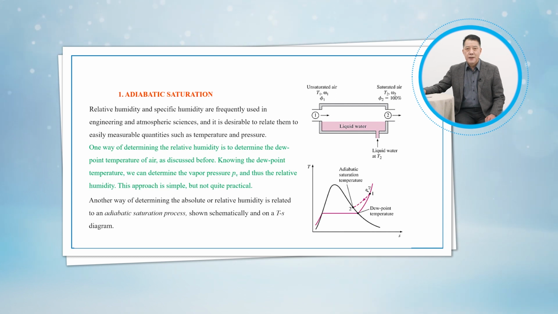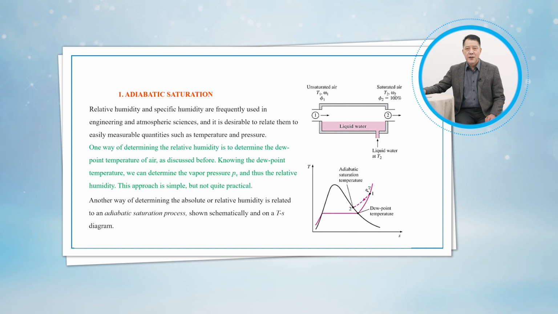The system consists of a long insulated channel that contains a pool of water. A steady stream of unsaturated air that has a specific humidity of omega-1 and a temperature of T1 is passed through this channel.